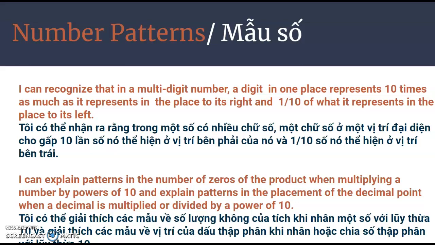We will also be explaining patterns in the number of zeros of the product when multiplying a number by powers of 10, and explain patterns in the placement of the decimal point when a decimal is multiplied or divided by a power of 10.